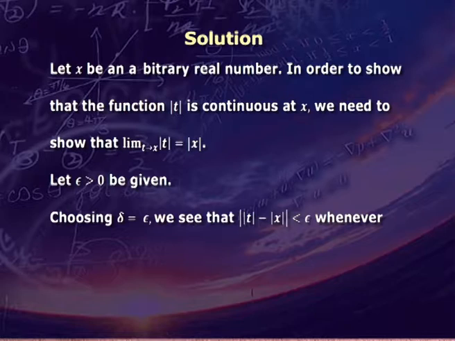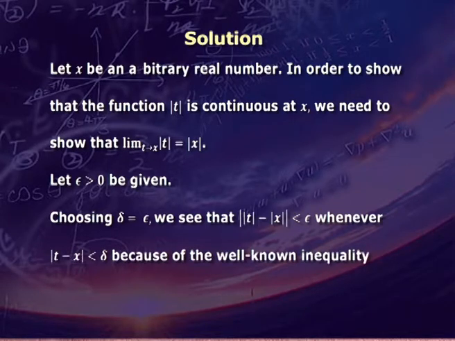Choosing delta equal to epsilon, we see that the modulus value of mod t minus mod x is less than epsilon whenever mod t minus x is less than delta, because of the well known inequality, modulus value of mod t minus mod x is less than or equal to modulus value of t minus x.